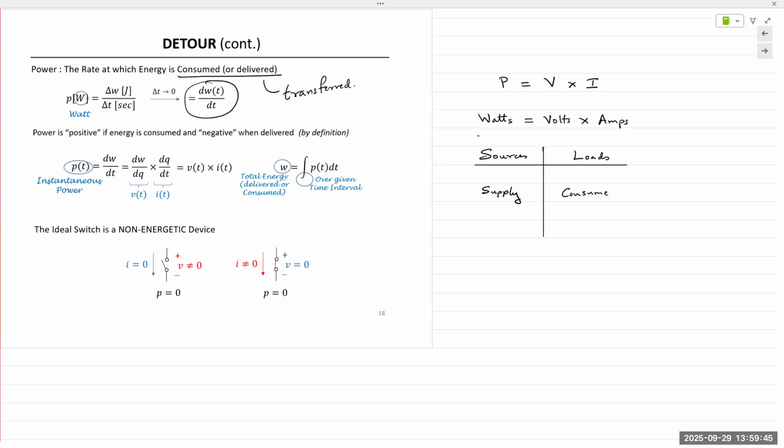So if it's a supply, or if it's a source, the equation for power would be P equals minus VI. When it is a load, P equals plus VI. The plus and minus, again, is only for us humans to differentiate and to balance out our mathematical equations.